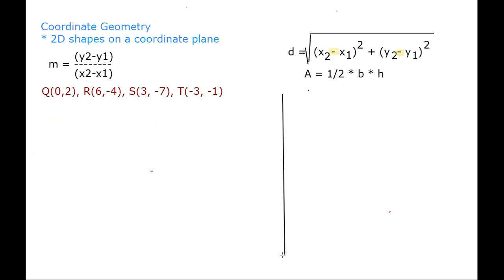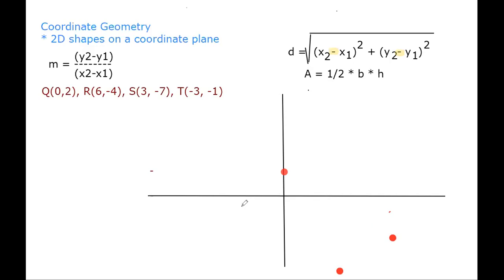So I am just going to estimate the location of these points because I just really need to know what order they're in. So 0, 2 is going to be about right here. 6, negative 4, probably about right there. 3, negative 7, maybe right there.